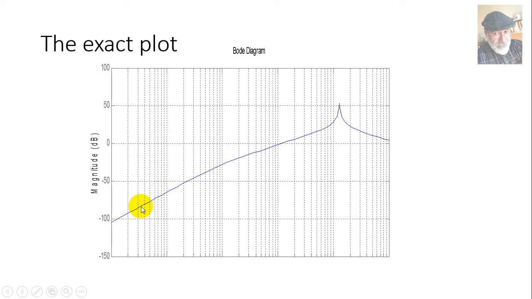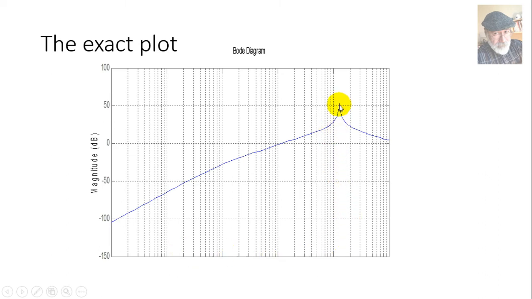Now, this is the exact amplitude plot for that function. And you're saying, wait a minute, who is whom? Well, this is 10,000 radians per second here. This is 1,000, exactly where it is 0, right? Right there. And this is 10 and 0.1.